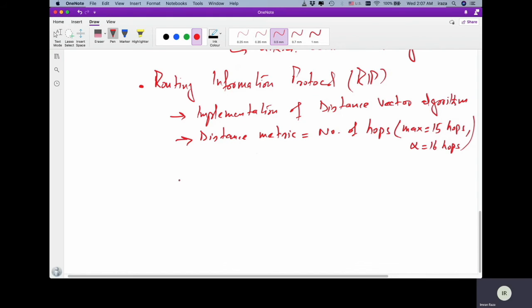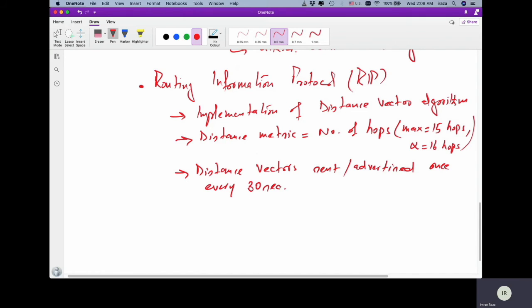So what happens in RIP is that RIP sends this distance vector, or this cost, advertised once every 30 seconds.